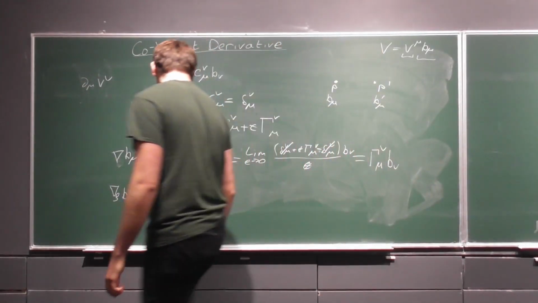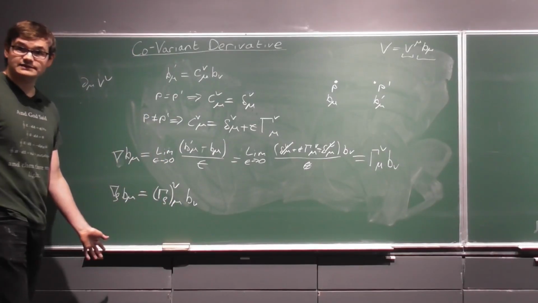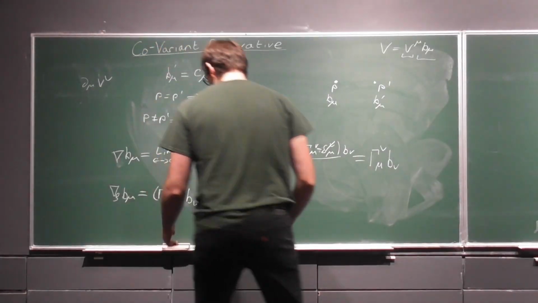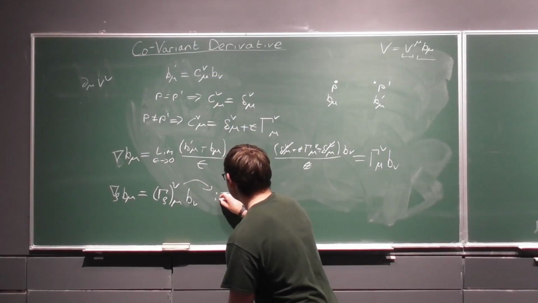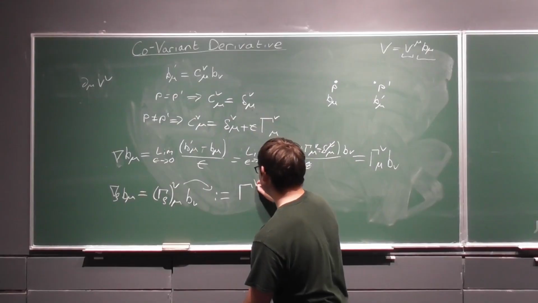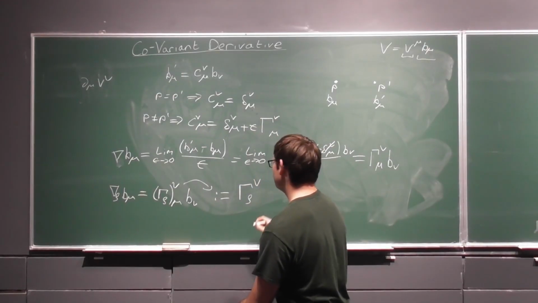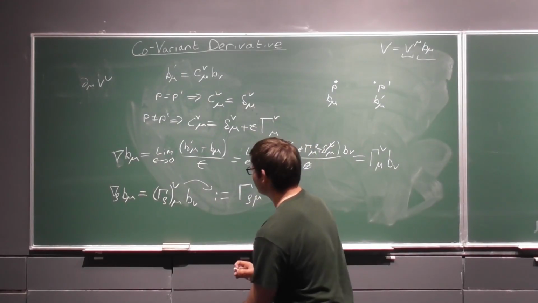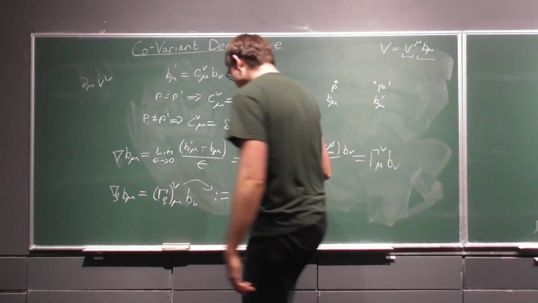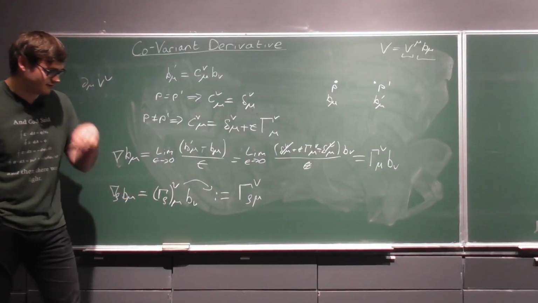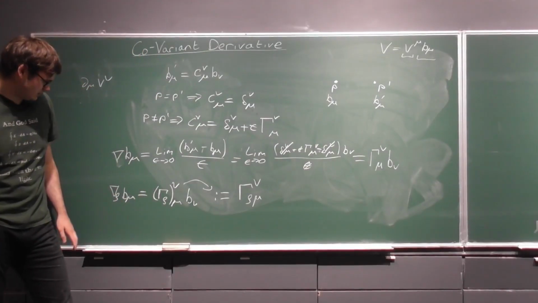Then what we end up doing in GR is we take this symbol and we define it to be just one gamma with an upper nu and two lower indices like that. We kind of forget about the distinction between them because it's not that useful. So these quantities will be very important as we go along.